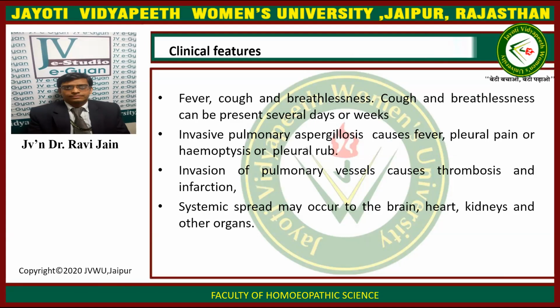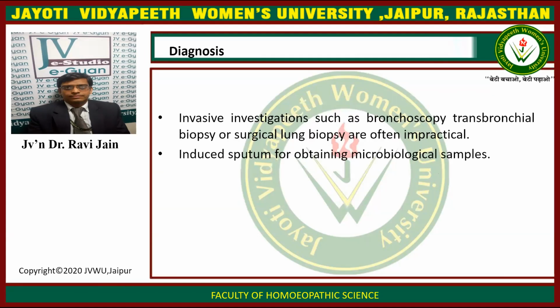Clinical features. The clinical feature consists of fever, cough, and breathlessness. The cough and breathlessness can be present for several days or weeks. Invasive pulmonary aspergillosis causes fever, pleural pain, or hemoptysis or pleural rub. Invasion of pulmonary vessels causes thrombosis and infarction. The systemic spread may occur to the brain, heart, kidney, and lungs, and other organs.